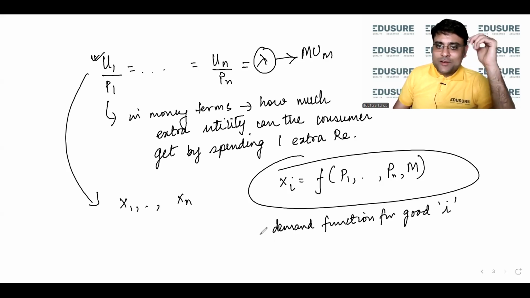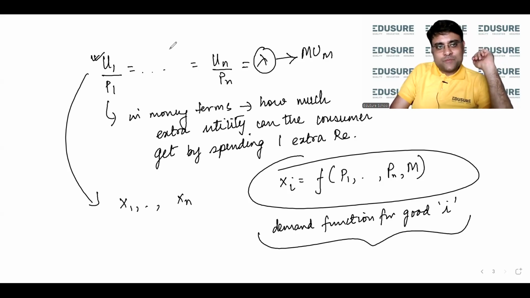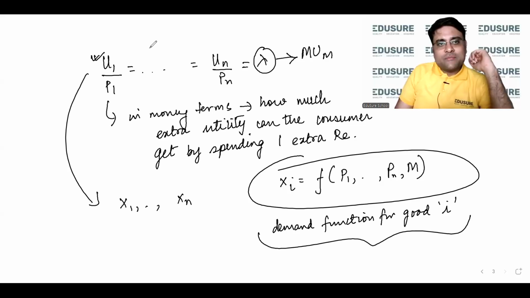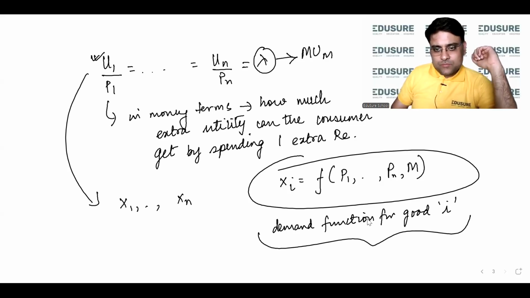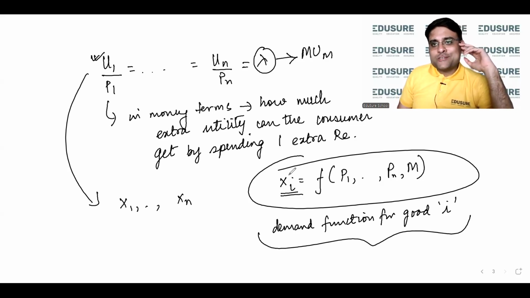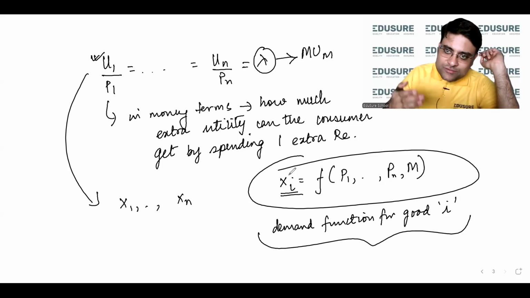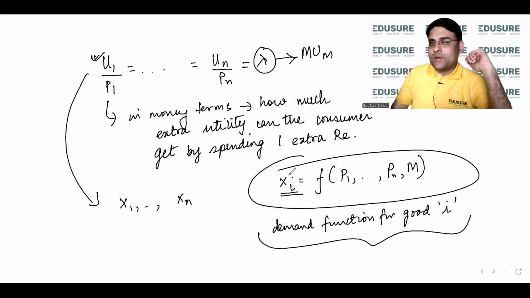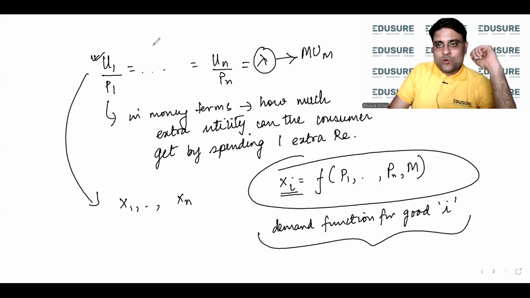This is my demand function. These are called individual demand functions. Each one of them is called an individual demand function. That is how much the consumer is demanding for each of these n goods, x1, x2, x3, x4 up to xn.